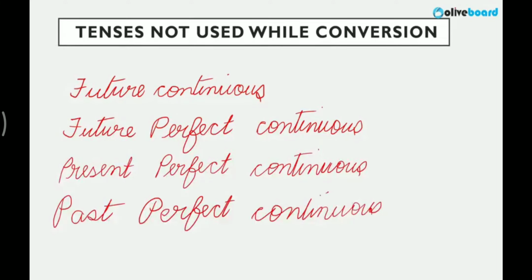All of these four types are not used when converting from active to passive voice. Just remember, I'll put a cross here. These four types we don't use while converting from active to passive voice. Extremely important, right? So sometimes you might be given a question where in the options you will get no change, right? So just remember this.